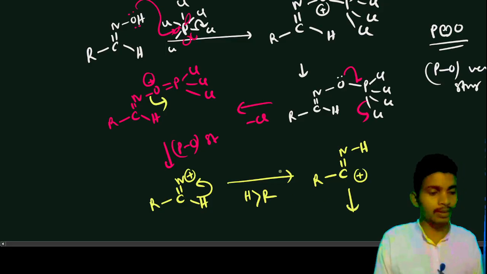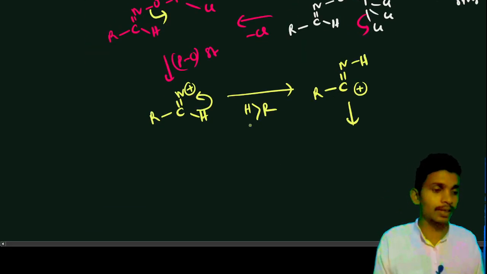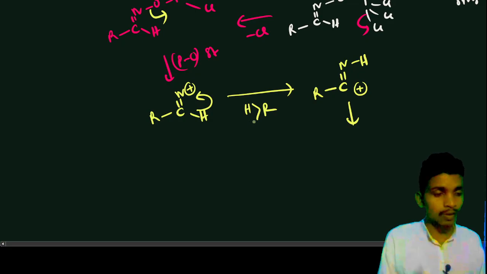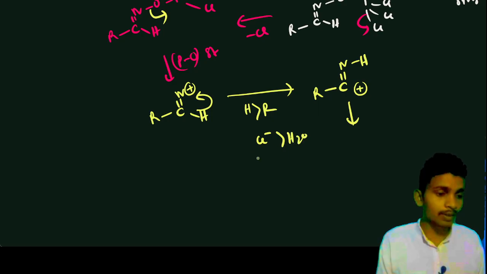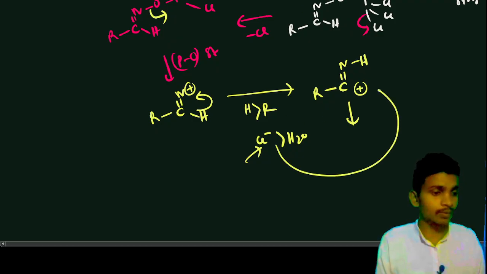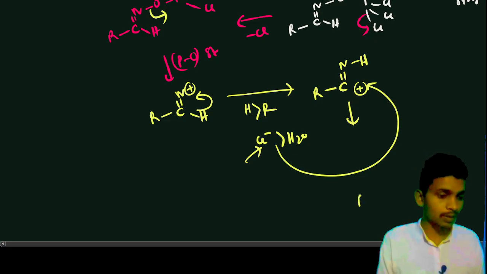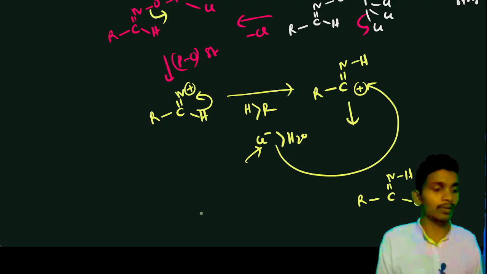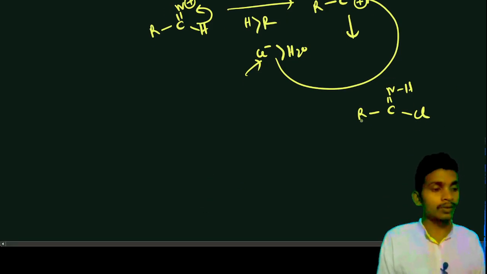Previously water was the nucleophile, but here Cl minus is there, and water is also there, but the nucleophilic character of chlorine is more because the negative charge is there. So chlorine will attack now, not water. That is going to be R–C double bond NH, and here we are going to get the chlorine.